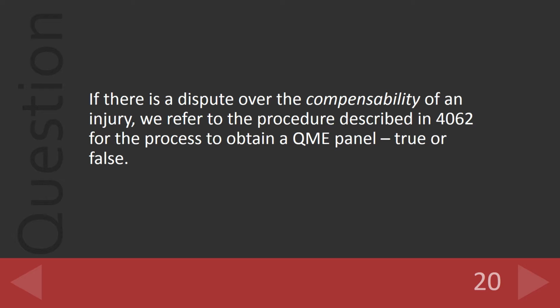Now, this might seem like we're jumping amongst codes. Here we are talking about Labor Code 4061, and we jump backwards to talk about issues related to Labor Code 4060, and then we jump forward to talk about some procedures described in 4062. Well, how does that relate to Labor Code 4061?